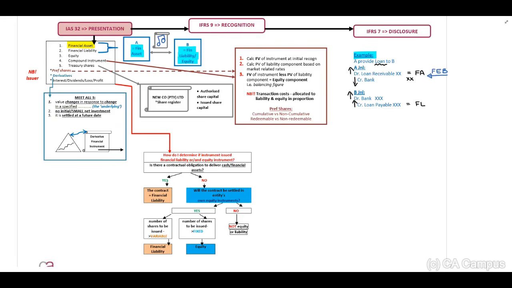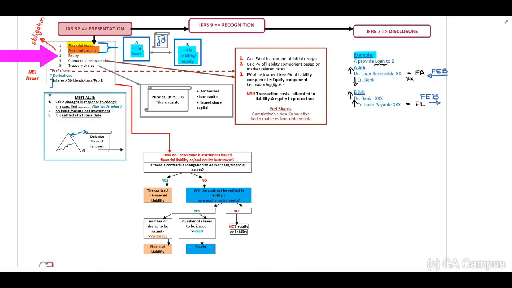And financial liability links to our conceptual framework an outflow of future economic benefits. There has to be an obligation. Now guys, important, write this down. You need to remember, when we talk about a financial liability, there has to be an obligation. And then we may recognize that liability.